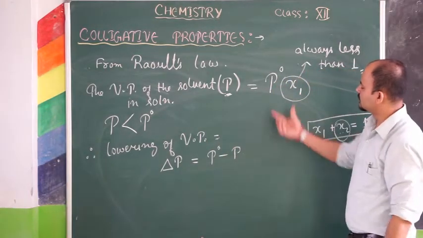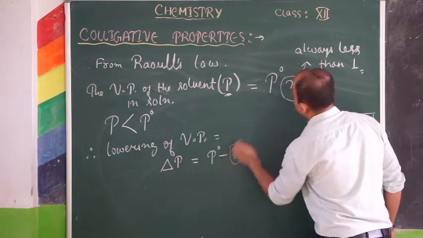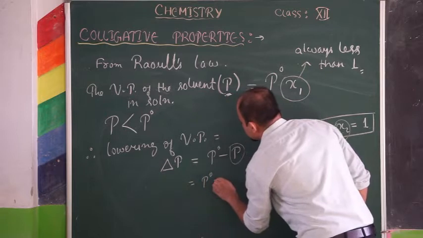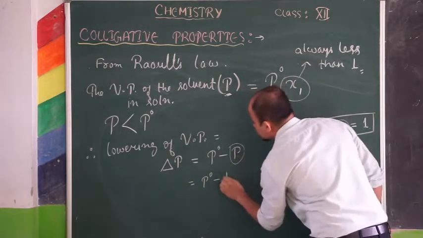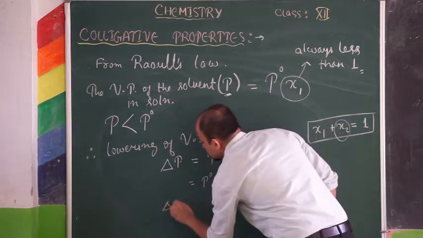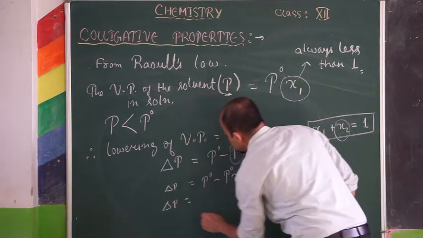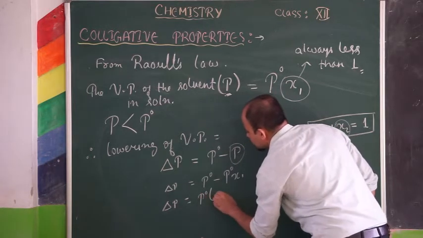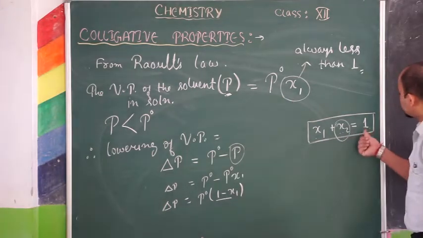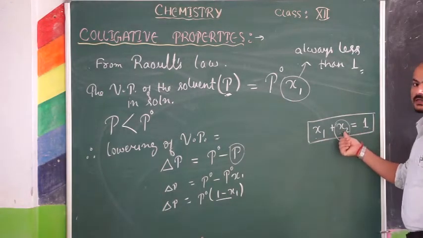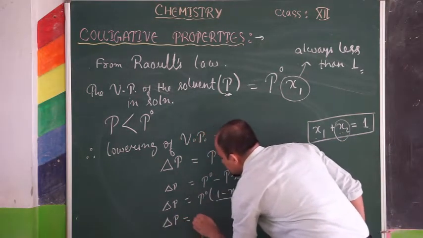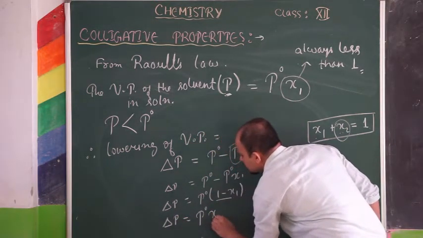Now from this expression, we know that this P is equal to P naught x1. Therefore we can substitute this P with P naught x1. Now delta P will be equal to P naught (1 minus x1). Now 1 minus x1 will be equal to x2. Delta P will be equal to P naught x2.